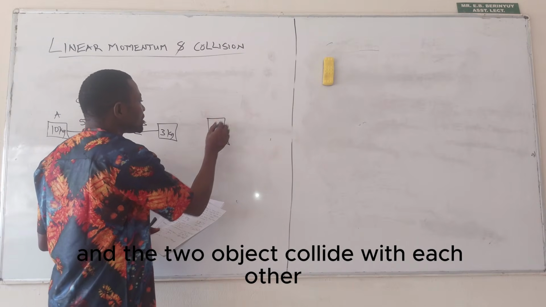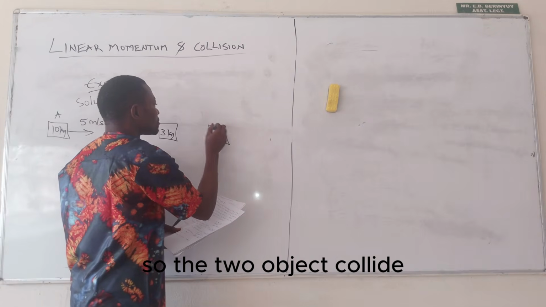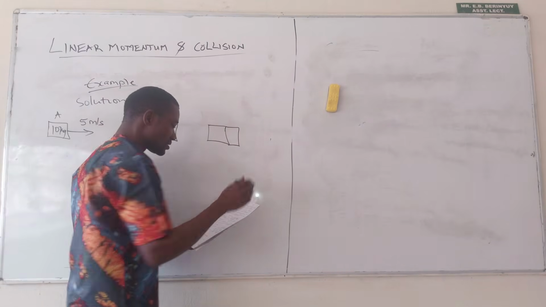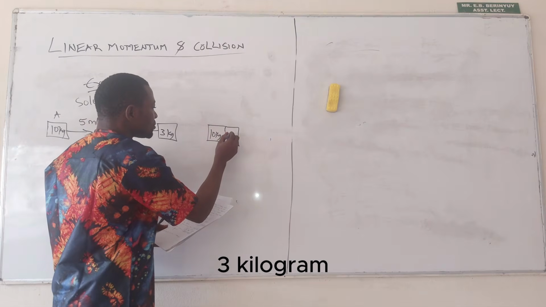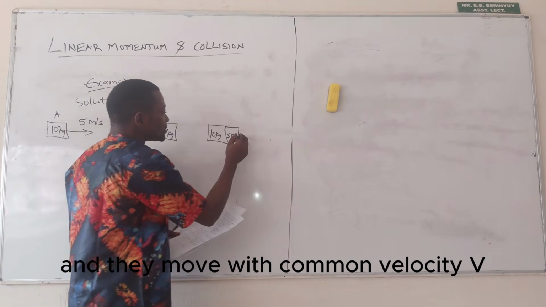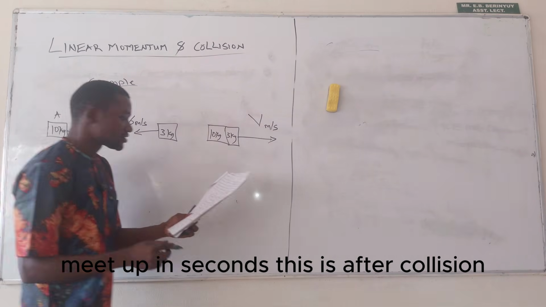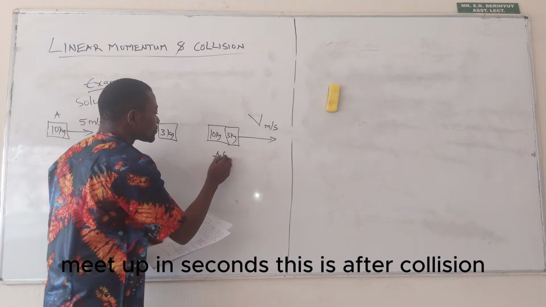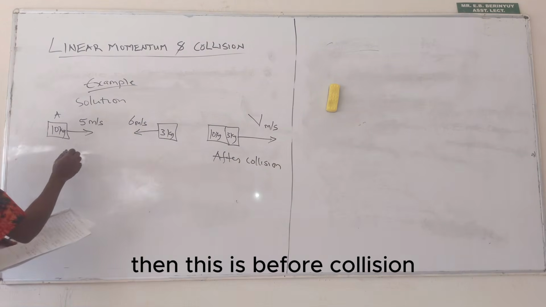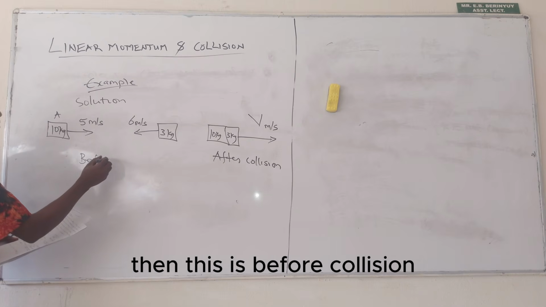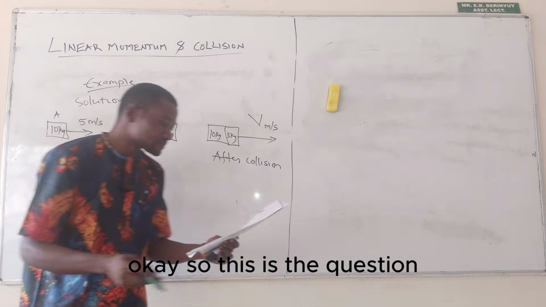And the two objects collide with each other, and we have them like this. This is the 10 kilogram, 3 kilogram, and they move with common velocity v meters per second. This is after collision, and this is before collision. Okay, so this is the question.